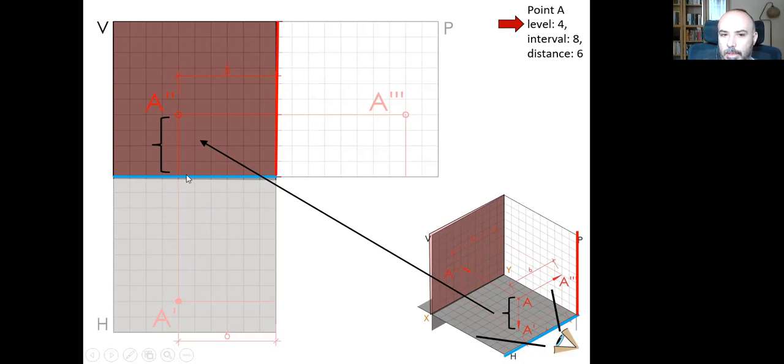So along this direction that I just made, I need to count 4 squares. And this is where I get my second projection.